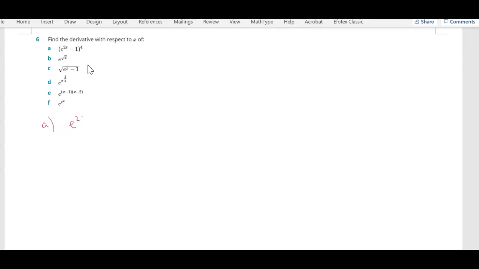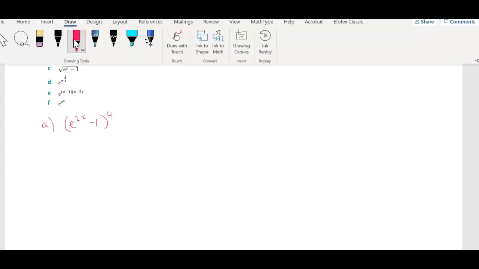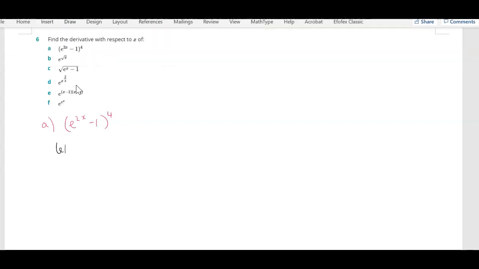So we've got e to the power of 2x minus 1, all to the power of 4. Now, we'll use the chain rule here. Let u equal e to the power of 2x minus 1. So du/dx is equal to 2e to the power of 2x, and then the negative 1 goes. Let y equal u to the power of 4, so dy/du equals 4u to the power of 3.